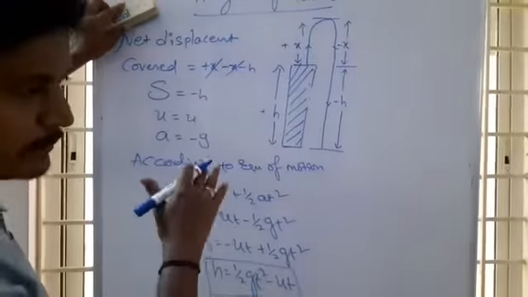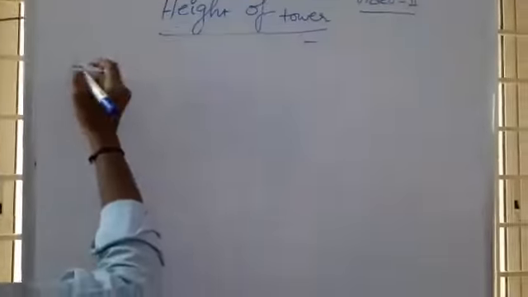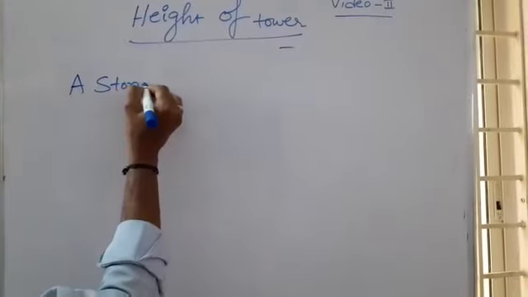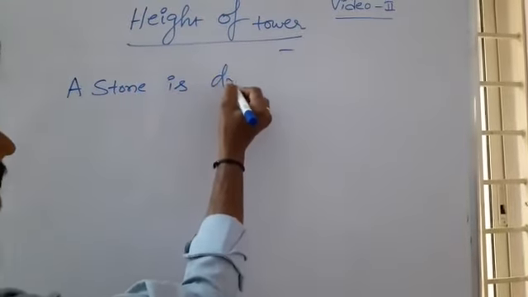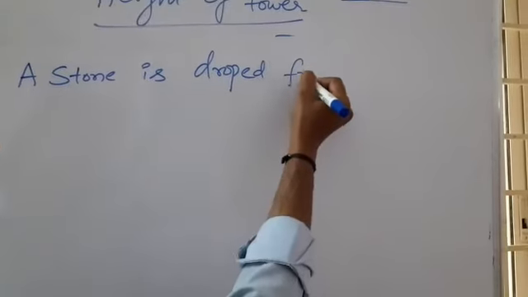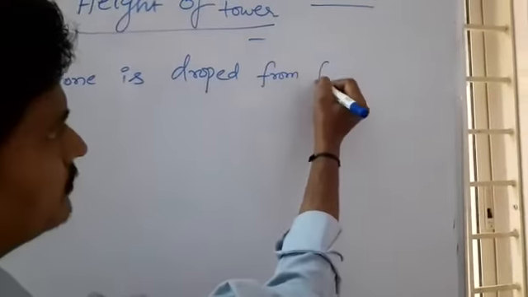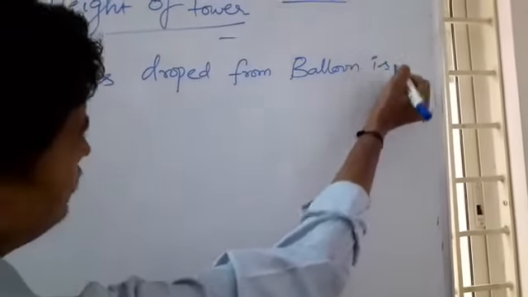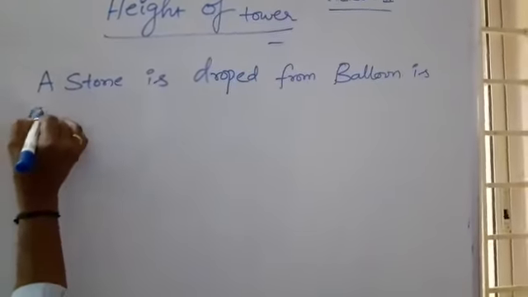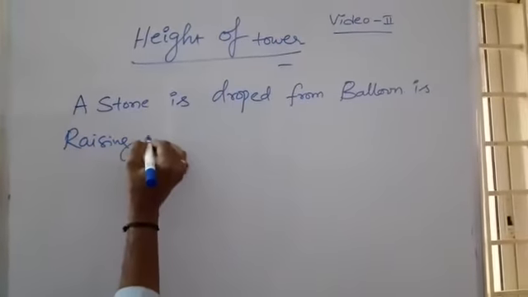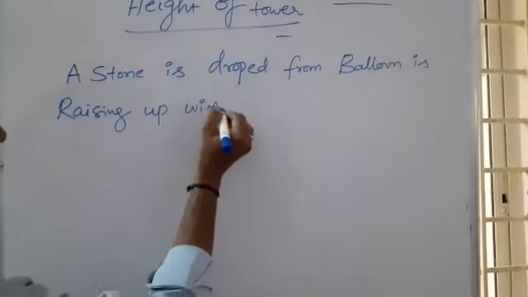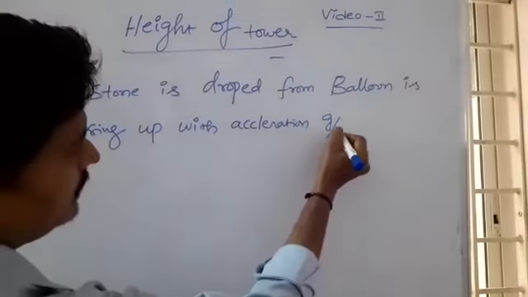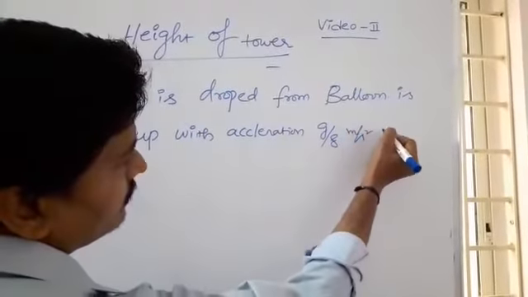Next related problem, continue. A stone is dropped from a balloon which is rising up with acceleration g by 8 meter per second square.